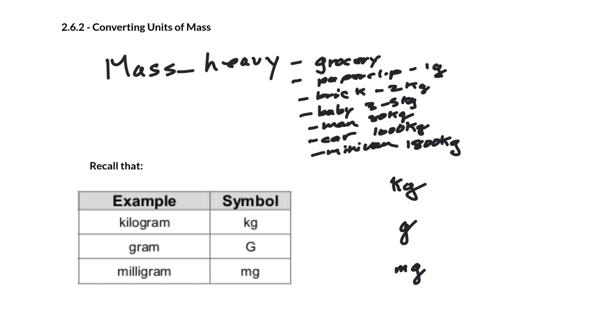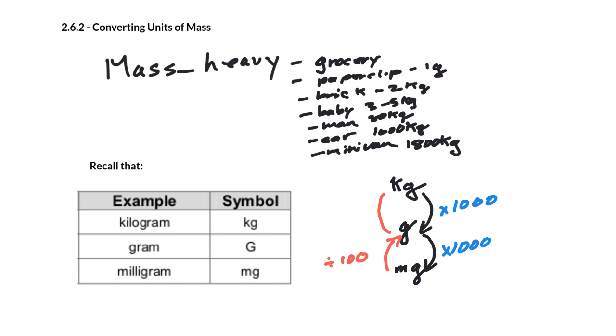When we were going from kilograms to grams, we literally multiplied our kilograms by 1,000. When we went from grams to milligrams, guess what? We also multiplied. When we went from, say, milligrams to grams, we took whatever we had and divided by 1,000.